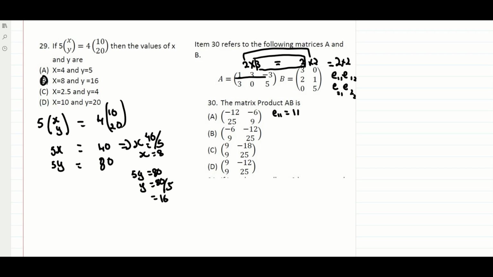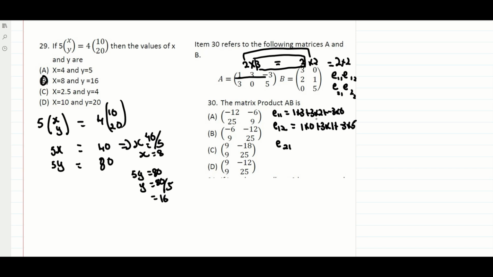So that's 1 multiplied by 3 plus 3 multiplied by 2 plus minus 3 multiplied by 0. Right? E12 is equal to row 1 by column 2. That's 1 multiplied by 0 plus 3 multiplied by 1 plus minus 3 multiplied by 5. Right?